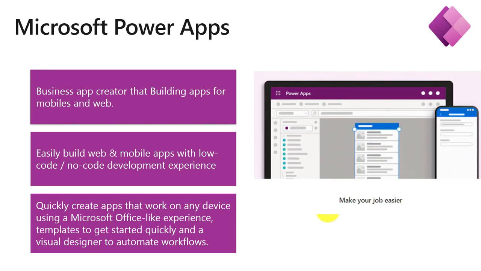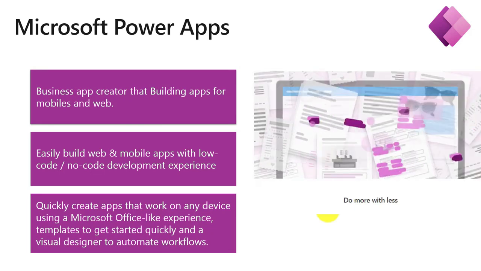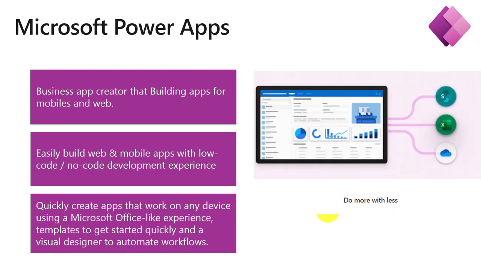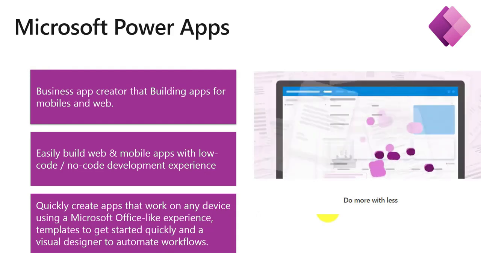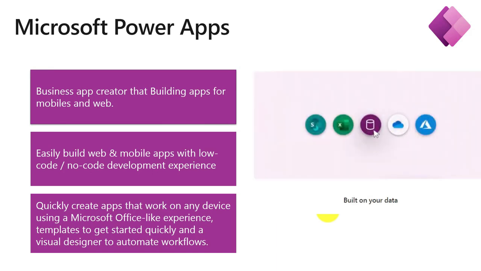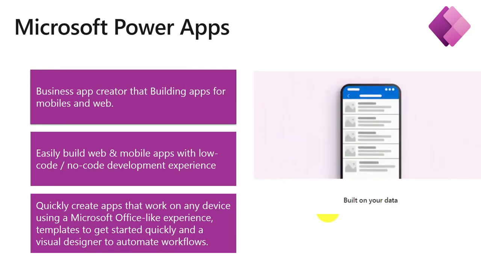So it is not only the four components; they also have hundreds of connectors that can be used. Also, the Power Platform integrates with AI through the AI Builder. Also, in the Power Platform there is connectivity, which is Dataverse, which gathers the database from different sources in one place.